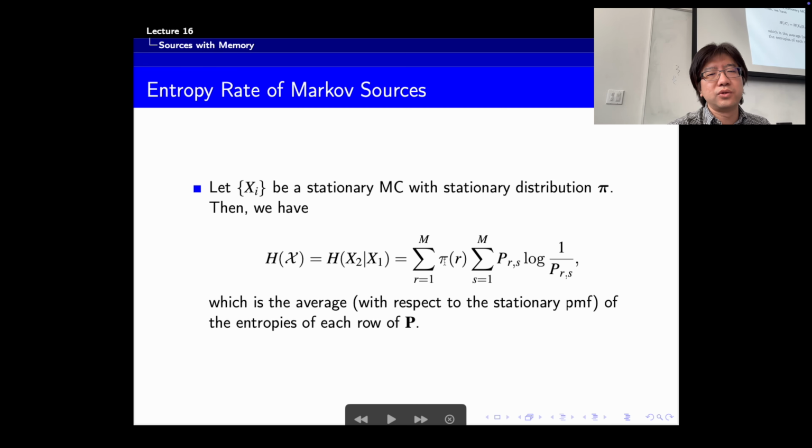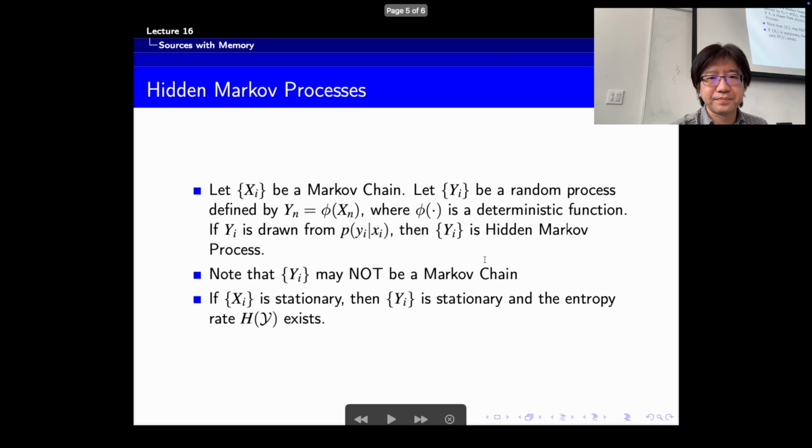This distribution is the stationary distribution, and this formula basically means the entropy of each row of the transition probability matrix, weighted by it. Hopefully all of you can recall that. This is how we compute the entropy rate for a stationary Markov chain.